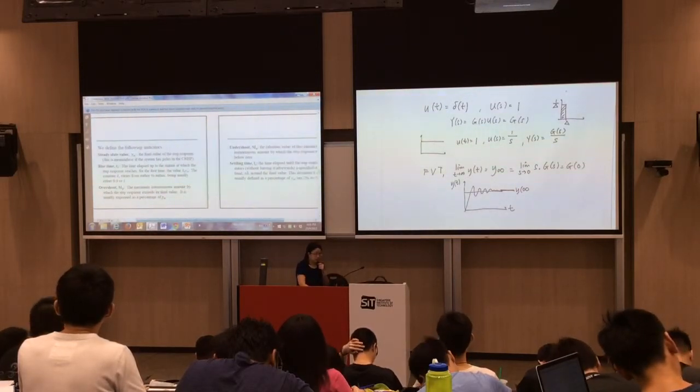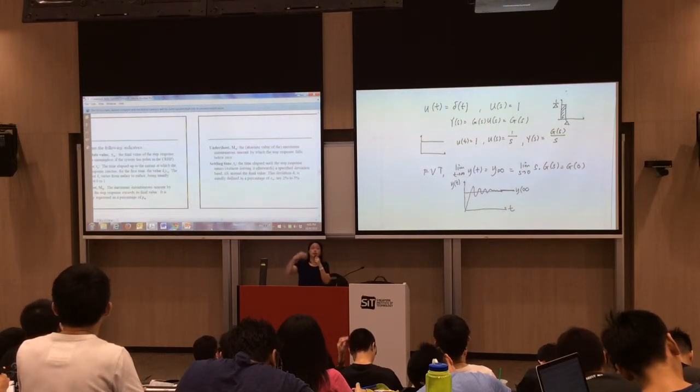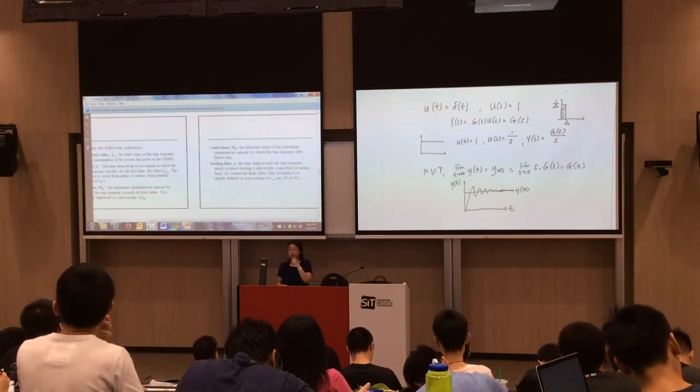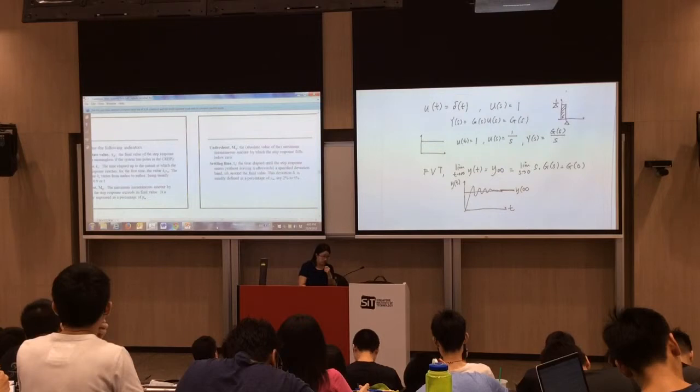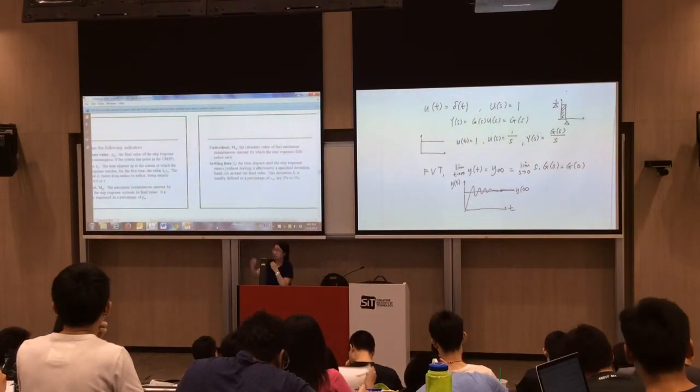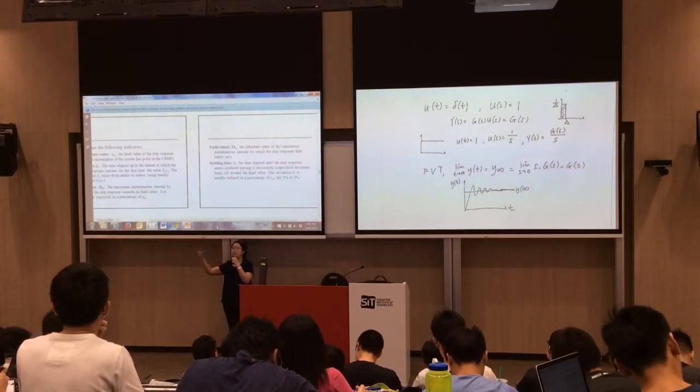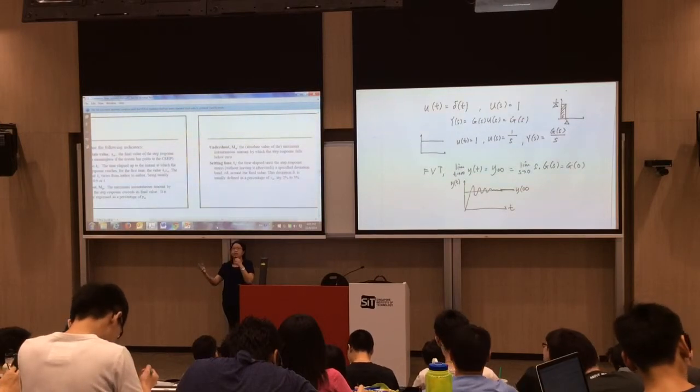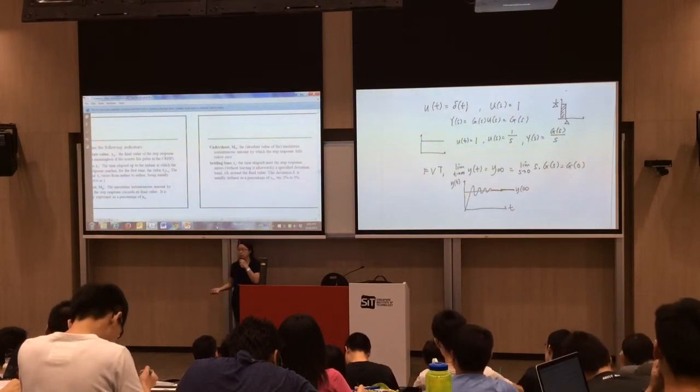We also talk about undershoot, how much you fall below the steady state value. And settling time, how much time you need to reach somewhere in the vicinity of the final value. This definition varies from person to person.